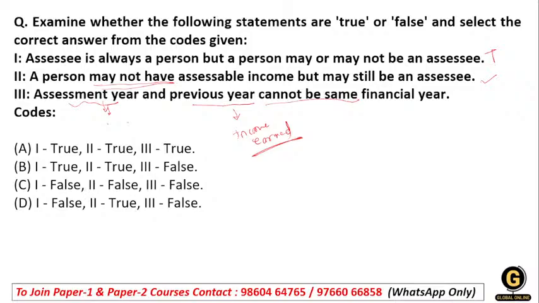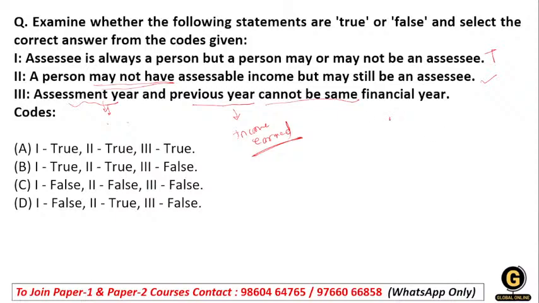However, in certain specific cases, like a newly set up business or in case of death of the assessee, previous year and assessment year can be the same. So if this is possible, it can be the same.